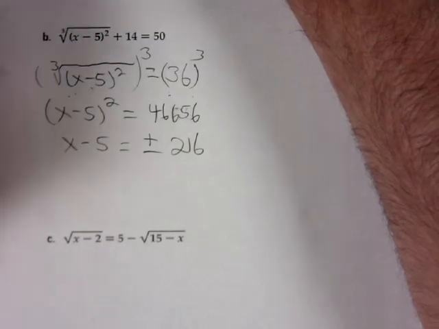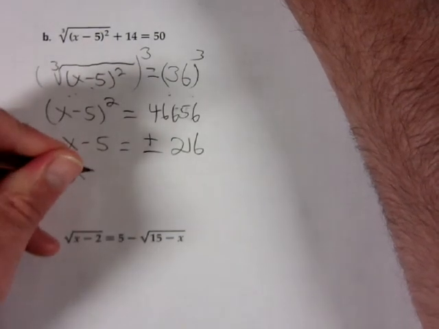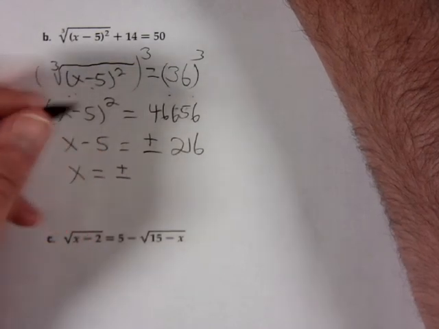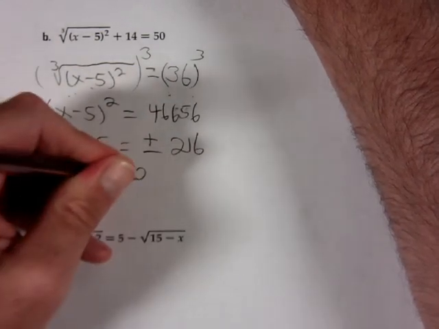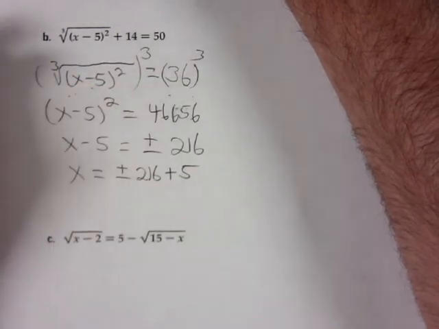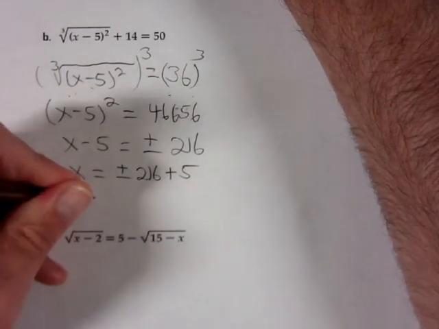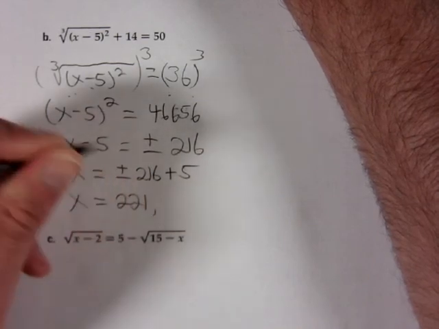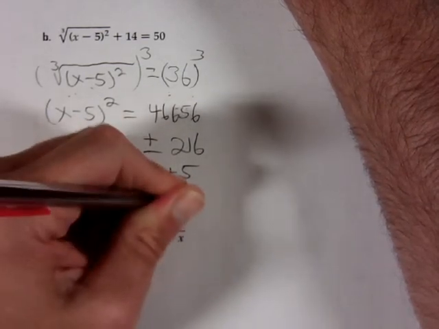And then this will be x equals plus or minus 216 plus 5.